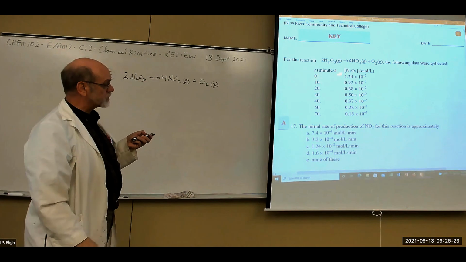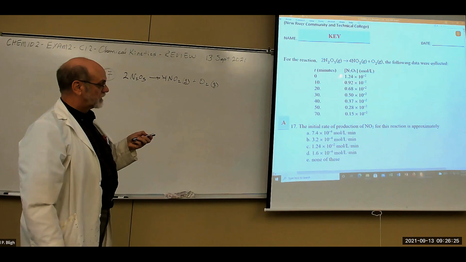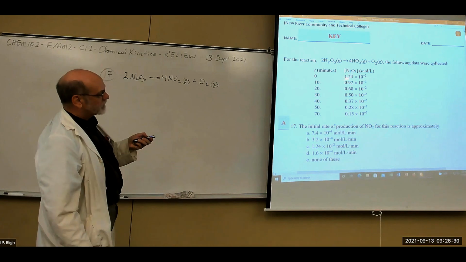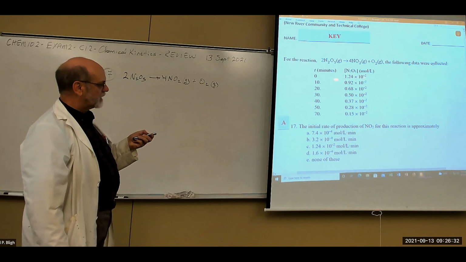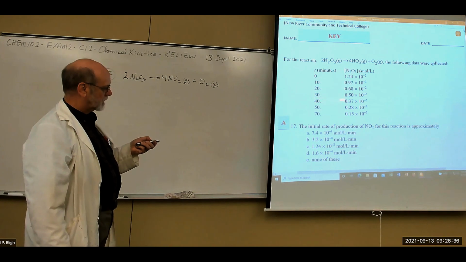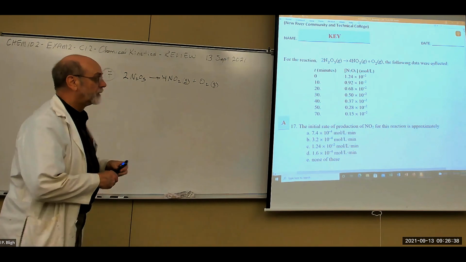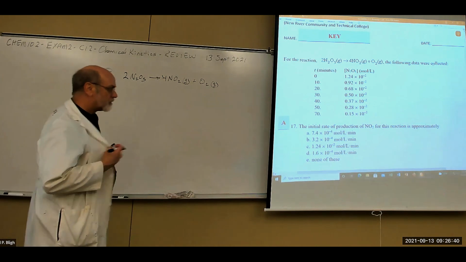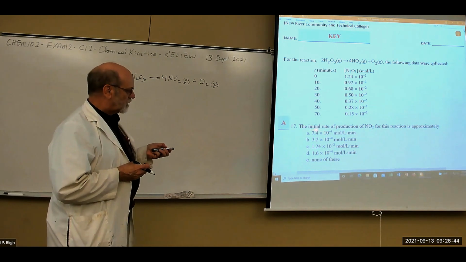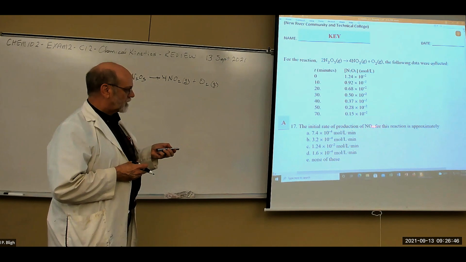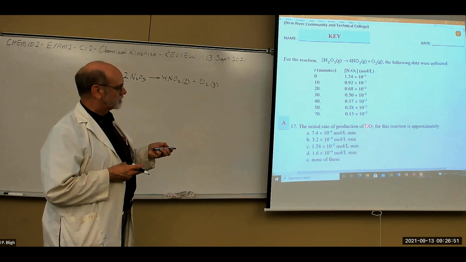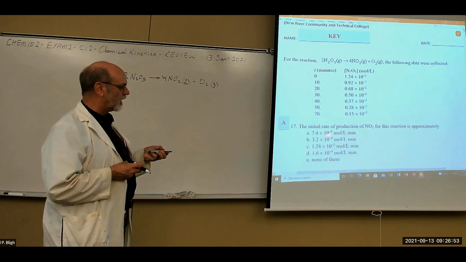At time 0, we start off with this concentration. That's N2O5 sub 0. And then we measure at time intervals. And the question is, the initial rate of production of NO2 for this reaction is what?